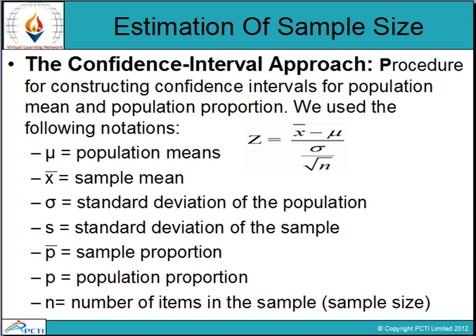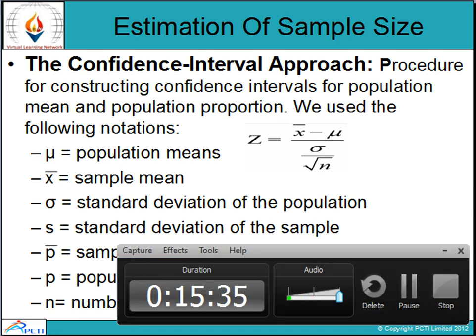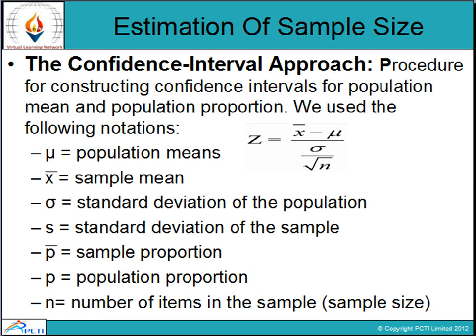Here is a formula which is used: z is equal to (x bar minus mu) over (sigma over root n). Here mu is the population mean, x bar is the sample mean, sigma is the standard deviation of the population, S is the standard deviation of the sample, P bar is the sample proportion, P refers to the population proportion, and n refers to the number of items in the sample, that is the sample size.